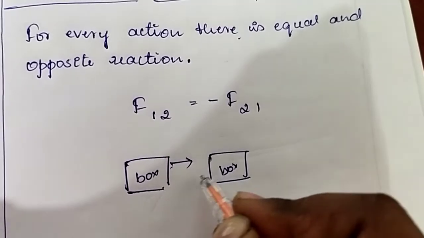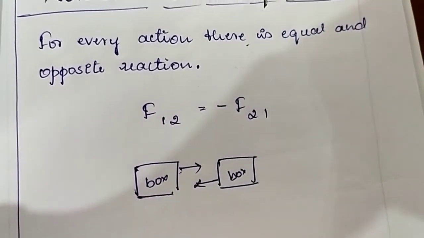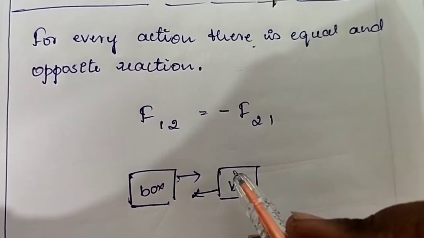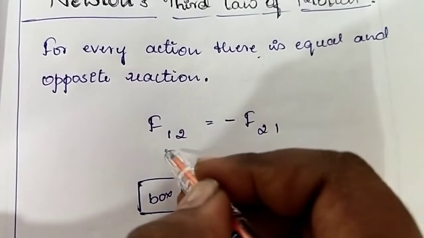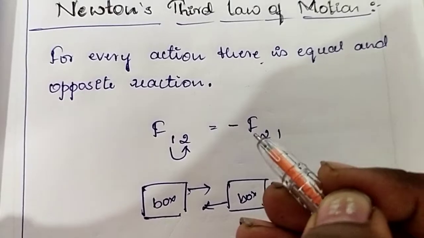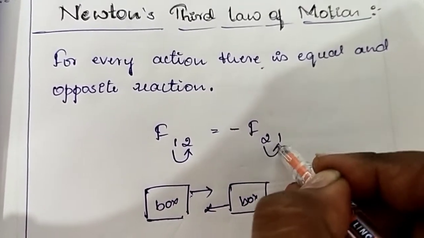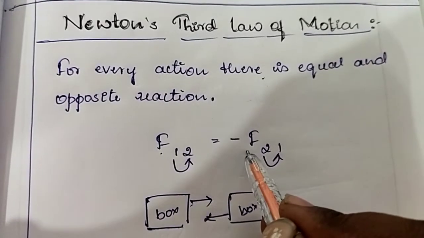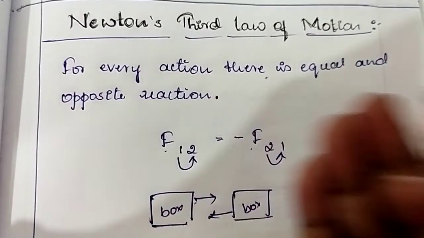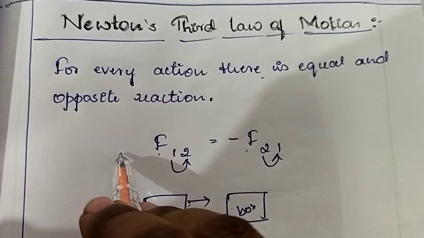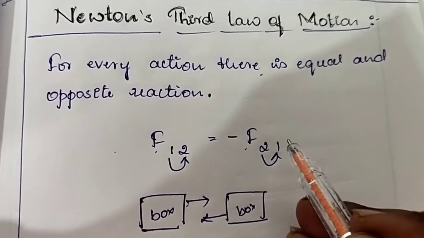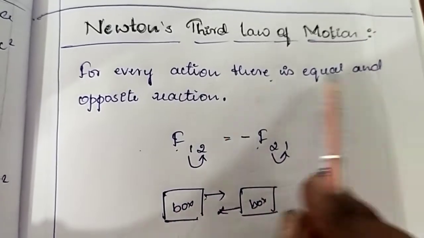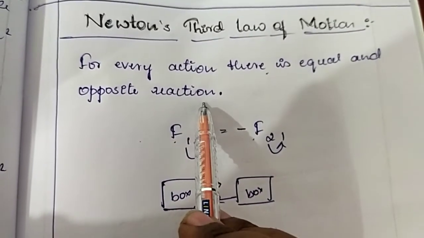Similarly, this box is again giving back its opposite reaction. So from this we have concluded that 1 is giving force to 2, and similarly 2 is giving force to 1. So here it is positive, here it is negative. Equal and opposite reaction is there. So it is, for every action there is an equal and opposite reaction.